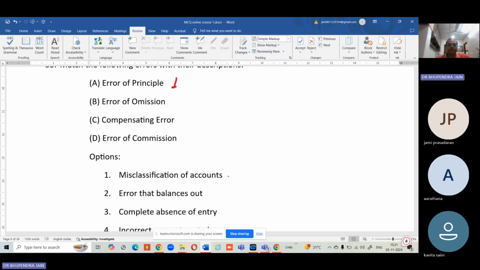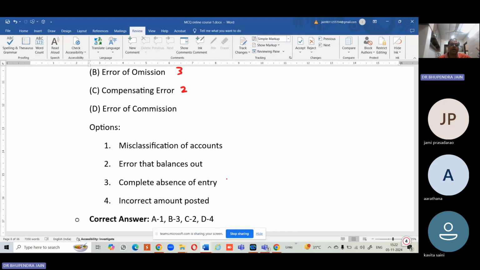Error of omission, complete absence of entry. So 3 हो गया. Compensatory error, error that balance out. An error of commission means incorrect amount. A का 1, B का 3, C का 2, and D का 4.